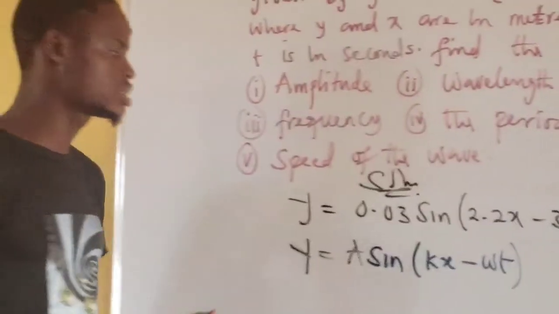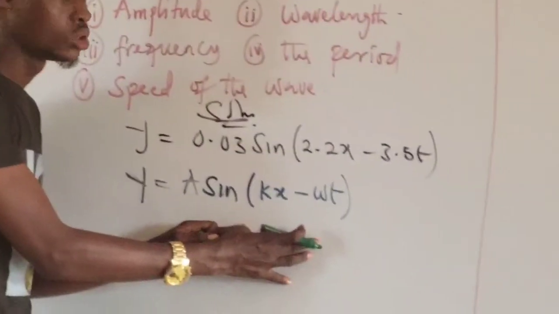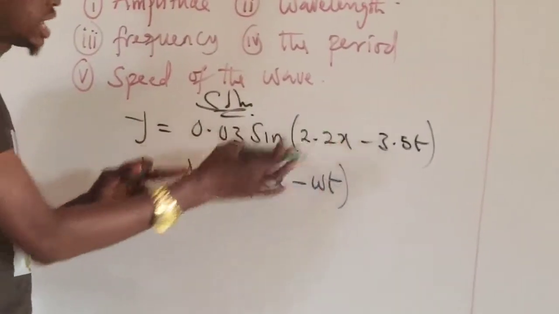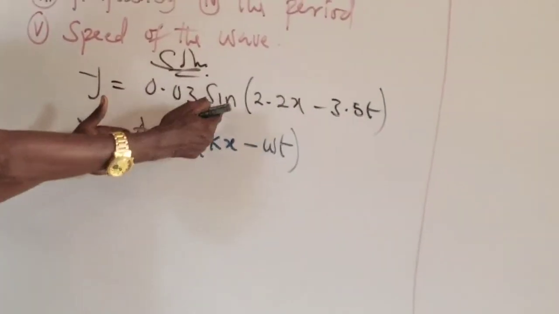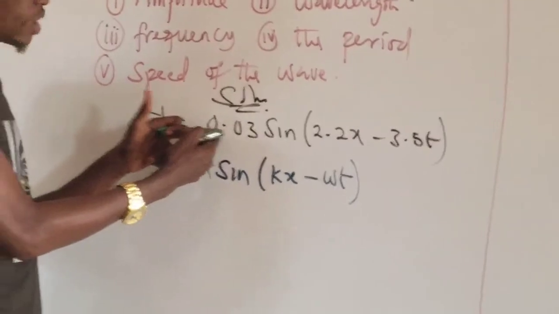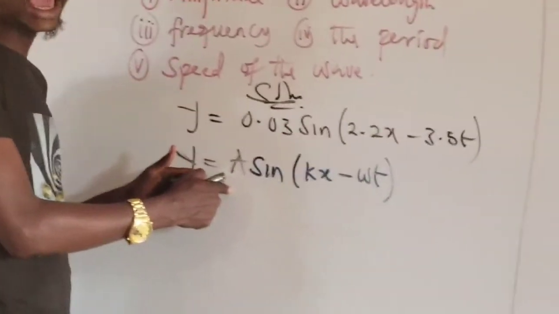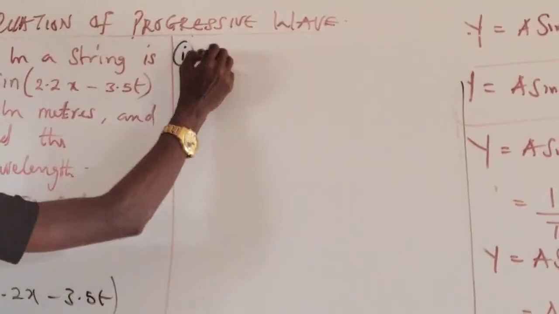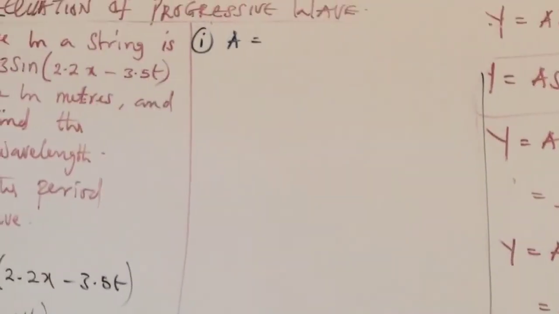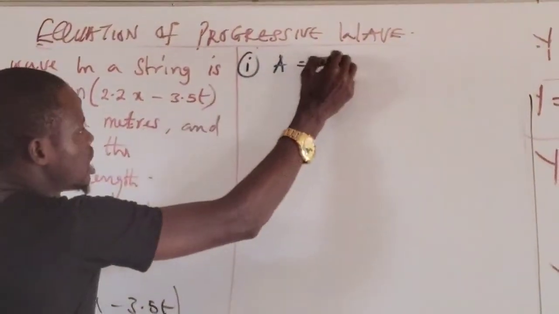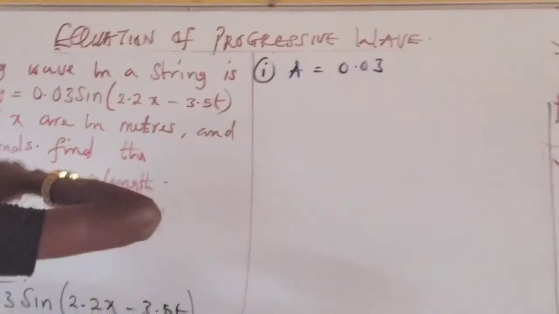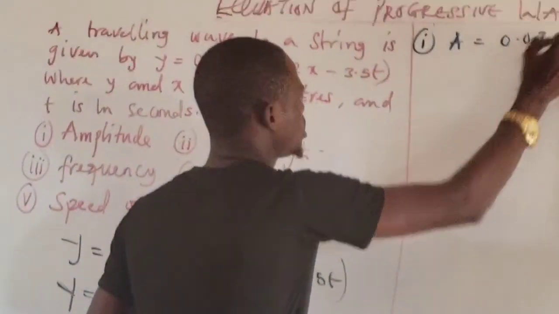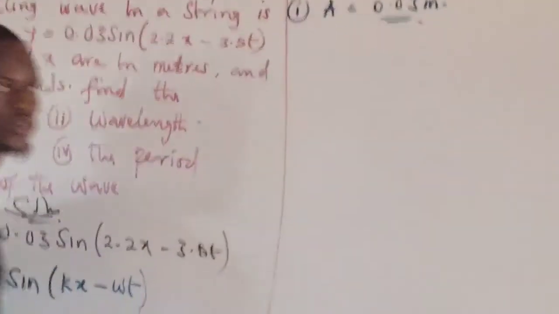The next thing is that you relate this equation to what you are given on the board. This is my sine, this is my sine. I have 0.03 to represent my A. It simply means my question 1 has been done. The amplitude of the wave, which is the first question, A should equal 0.03, and I think everything is in meters. 0.03 meter is my amplitude of the wave.